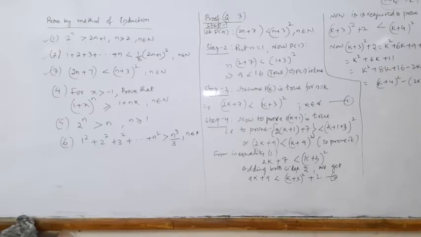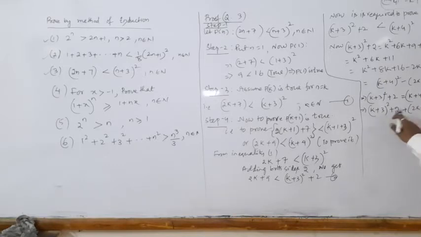That implies (k plus 3) whole square plus 2 is equal to (k plus 4) whole square minus (2k plus 5). So (k plus 3) whole square plus 2 plus (2k plus 5) is equal to (k plus 4) whole square.